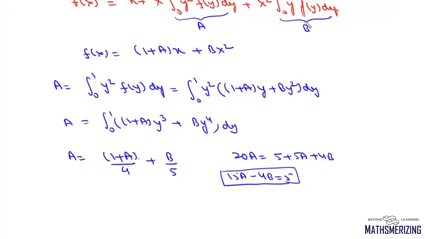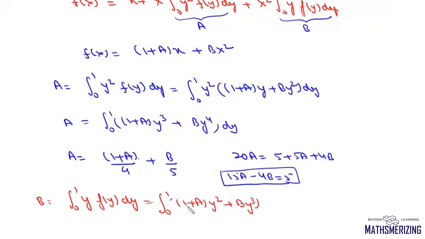Now we'll write the equation for b. Now b here is the integral from 0 to 1 of y f(y) dy. So we'll write from 0 to 1. Now we'll write f(y) as 1 plus a y plus b y square, and we have to multiply it with y. So we'll write 1 plus a y square plus b y cube into dy.